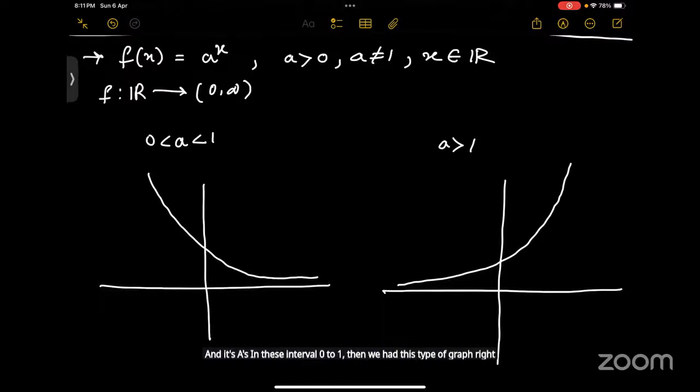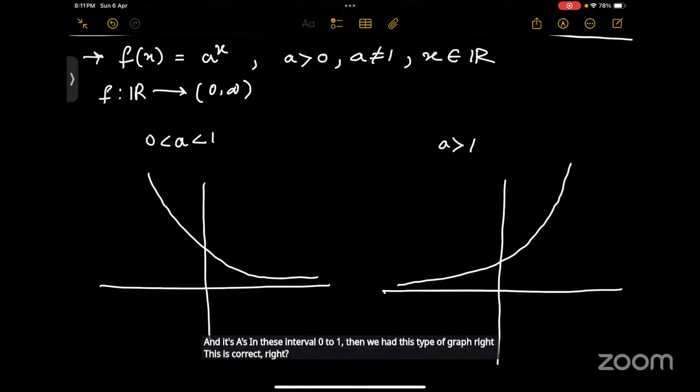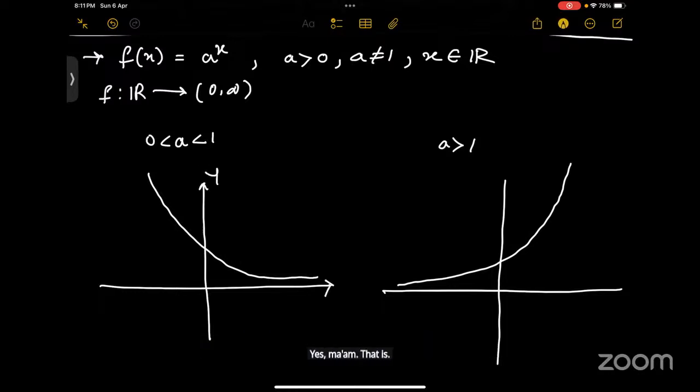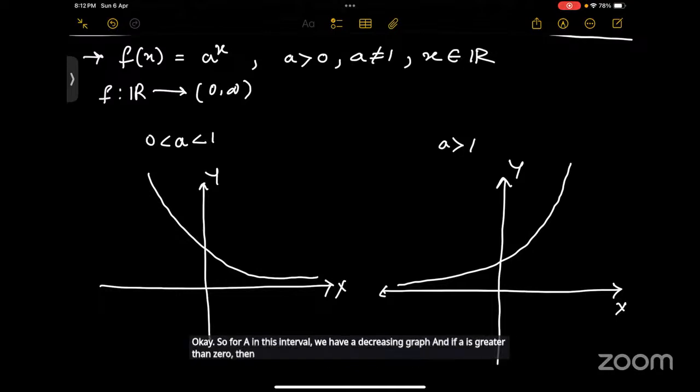This is correct, right? Yes, ma'am. Correct. Okay. So for a in this interval, we have a decreasing graph, and if a is greater than 1, then we have an increasing graph, right?